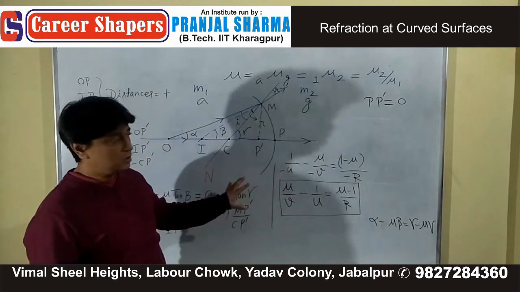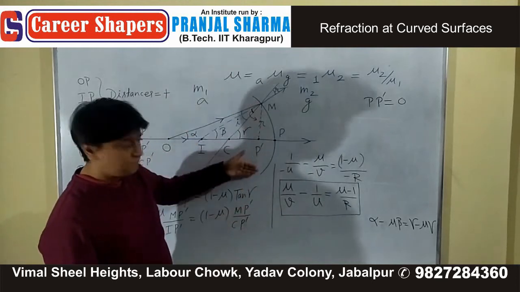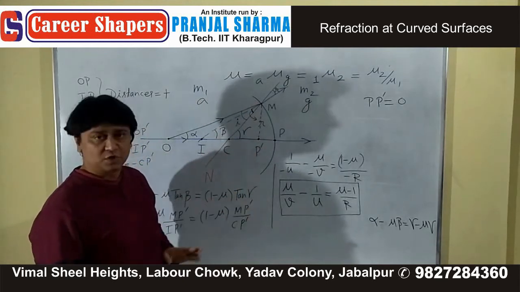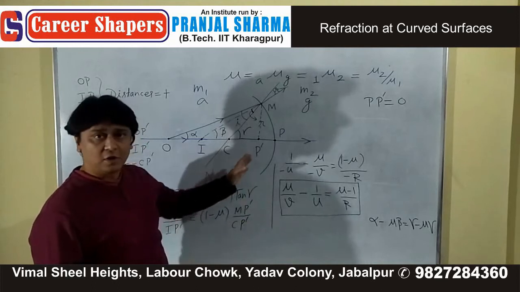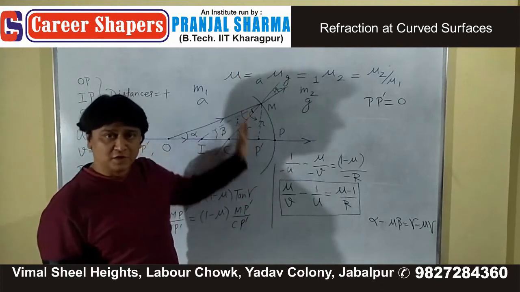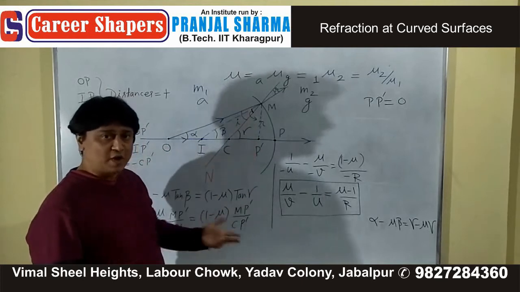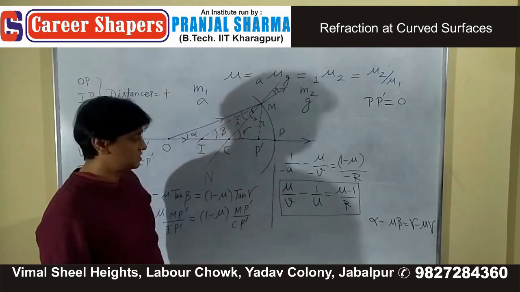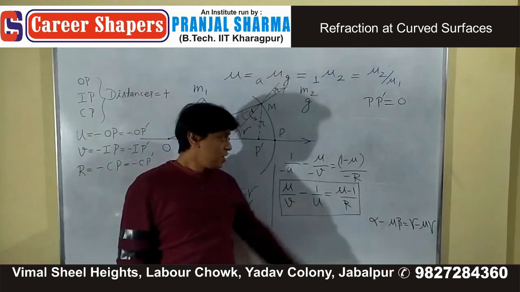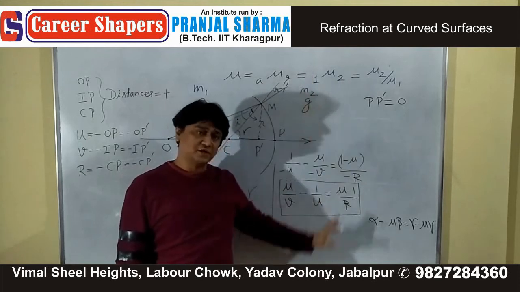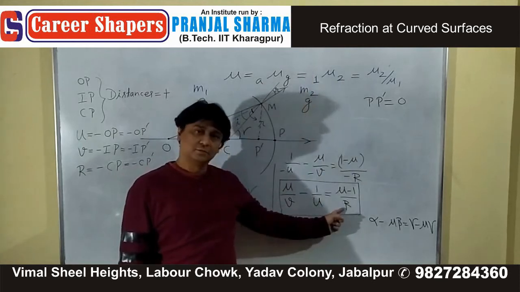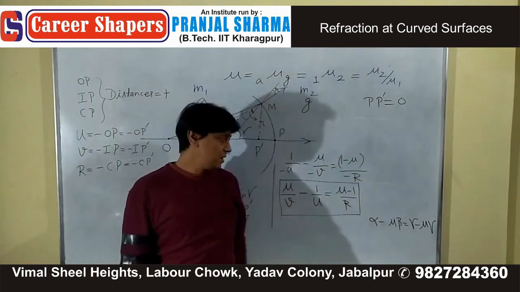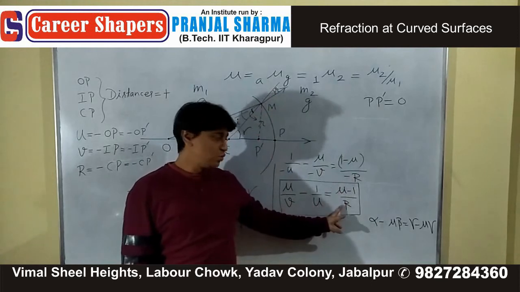We have solved this whole thing considering the concave part opening on this side, but the equation is valid even for a flat plane surface. It's valid for a convex surface. It's also valid for a flat or plane surface. Just look at this part. For a flat surface, for a plane surface, what is R? Infinite. Radius of curvature is infinite for a flat part. 1 upon infinity is 0.